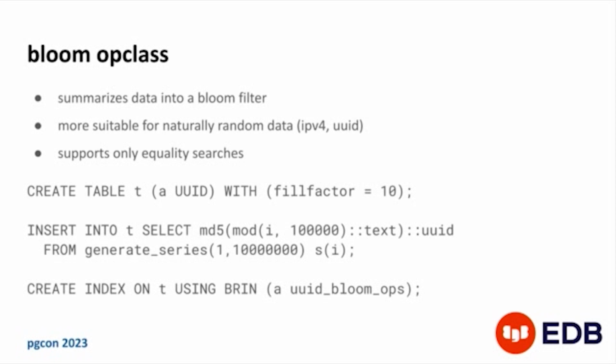So here's an example which I use for UIDs. That's a type where you are very unlikely to do range queries, right? So equality searches are the only thing you ever do with UIDs. So you can create a table, again, 10 million rows, 100,000 distinct values. You will specify a different operator class, just like we specified the min-max-multi on the previous slide.